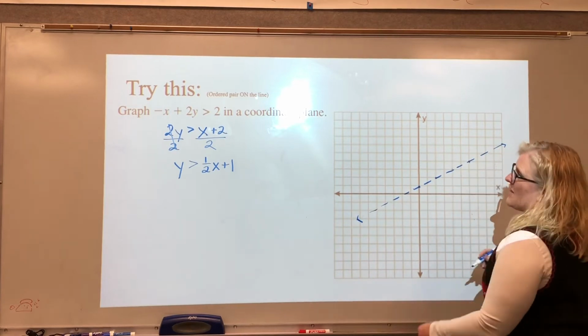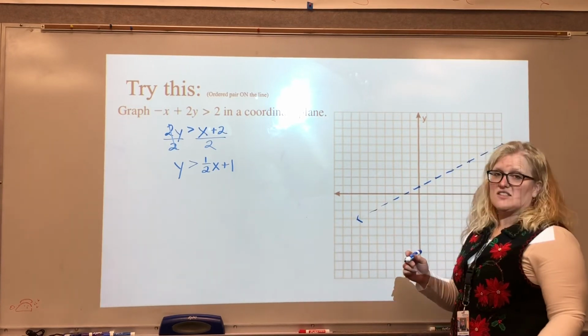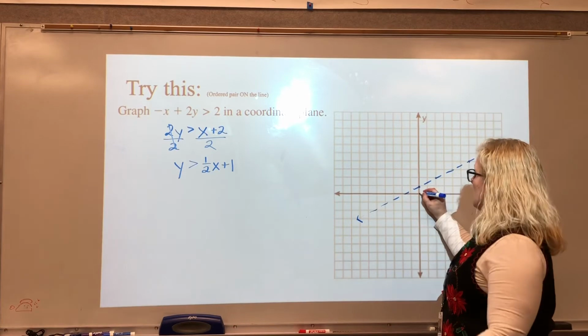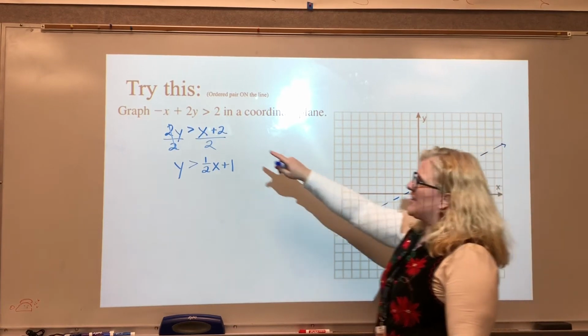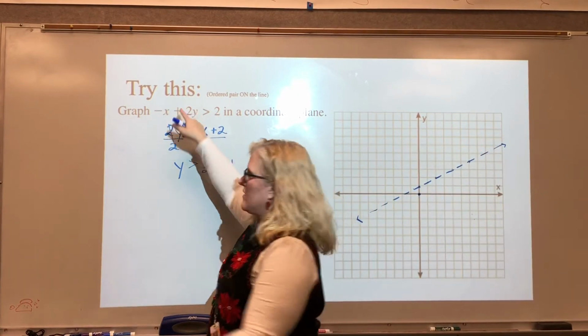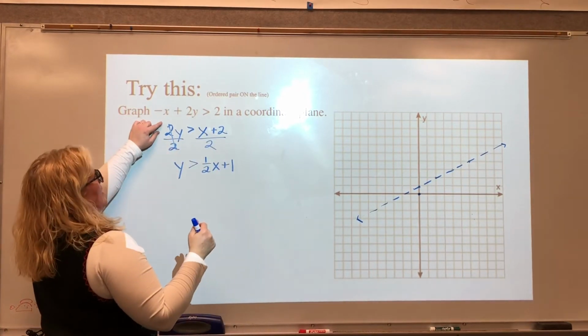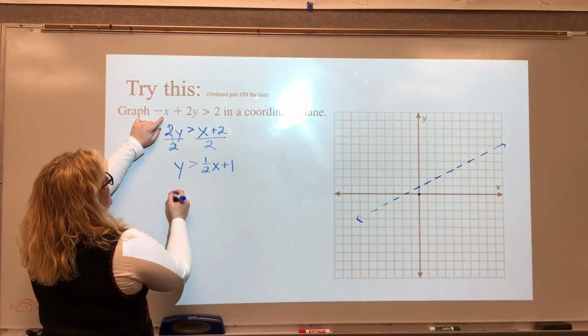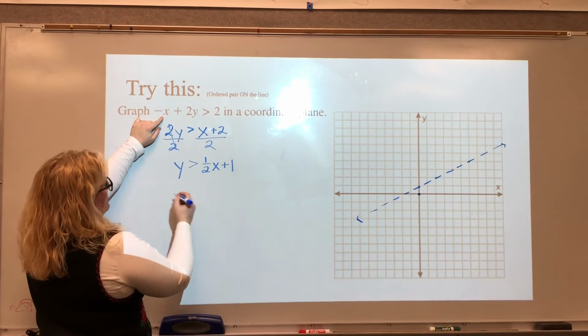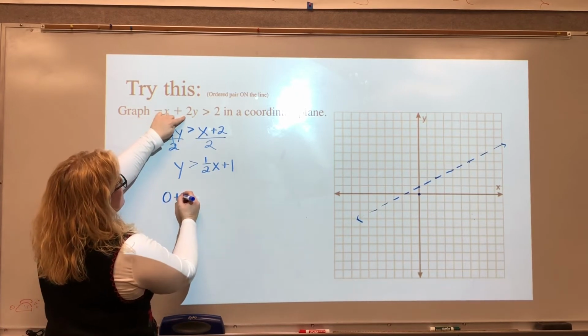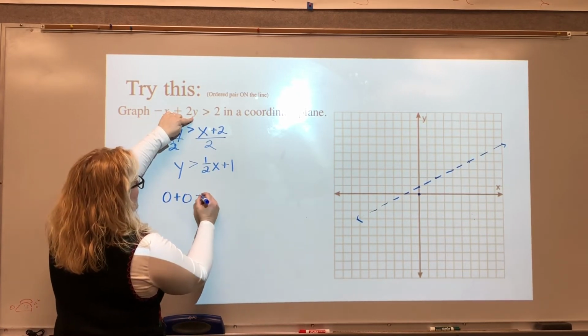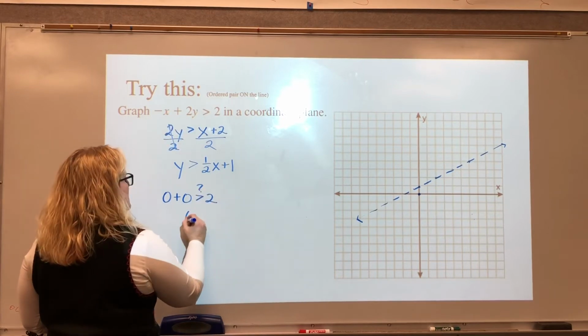Okay, and now I'm going to test a point. Again, I'm going to test 0, 0, and I'm going to plug it into the top equation. Or it's not an equation, it's an inequality. So 0 plus 2 times 0 is 0, is greater than 2. Is 0 greater than 2?